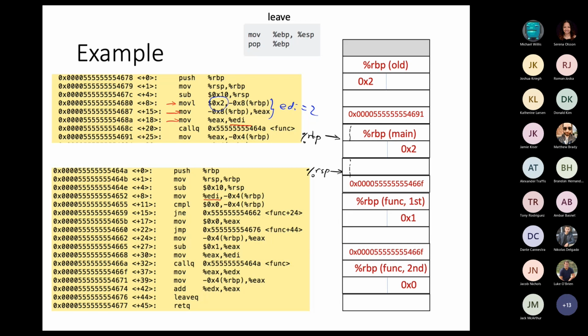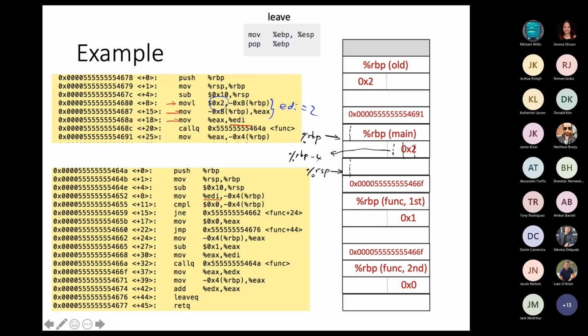Now let's move the EDI into RBP minus 4. So here's RBP minus 4, somewhere here. There is RBP minus 4. It's right here. And we have the right half of the slot containing the number 2.